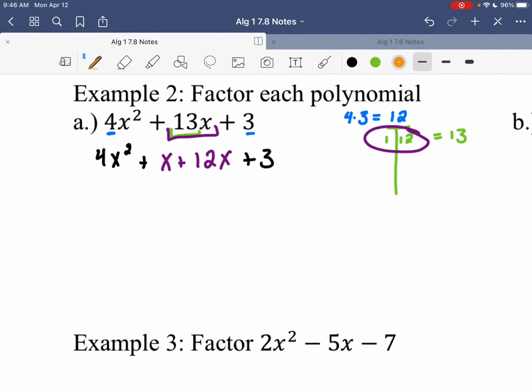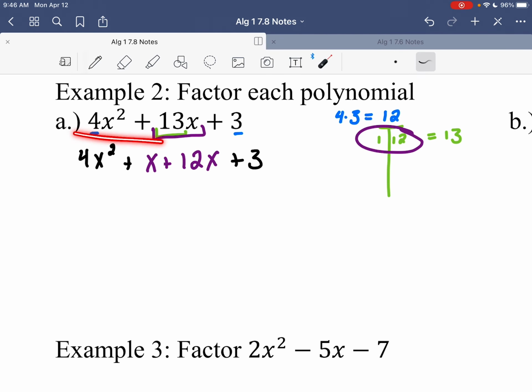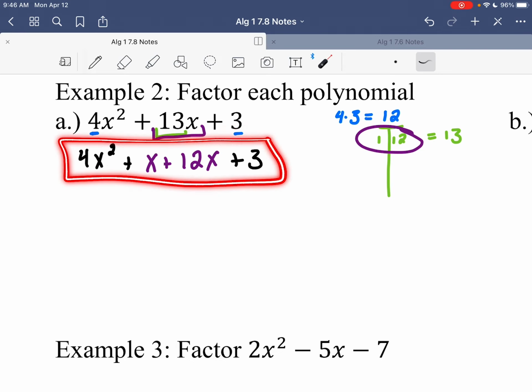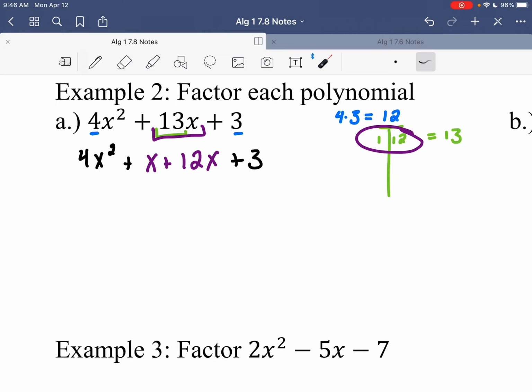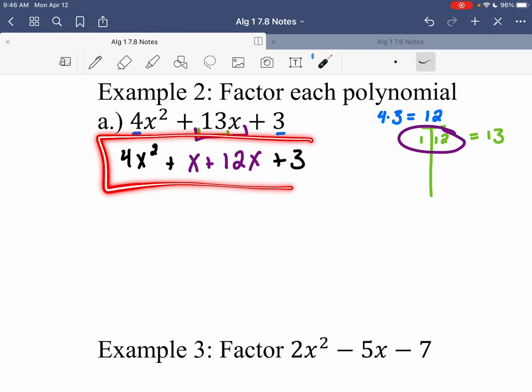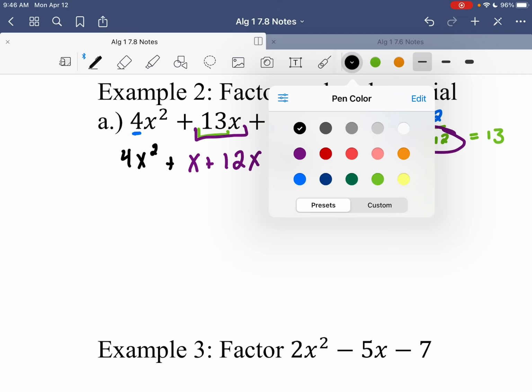Because now what I've done is rewrite this, which had 3 terms, 4x squared, a 13x and a 3, as an equivalent polynomial. These are the same thing. If I add the x plus 12x, I get 13x. But now it's 4 terms: 4x squared plus x plus 12x plus 3. Now that it's 4 terms, I can factor it by grouping.